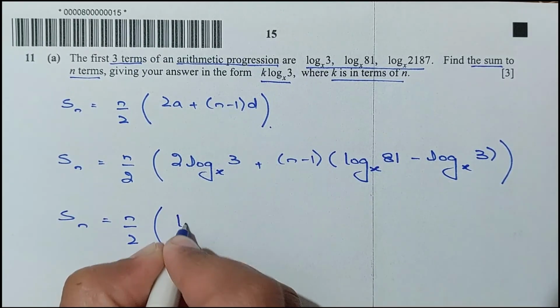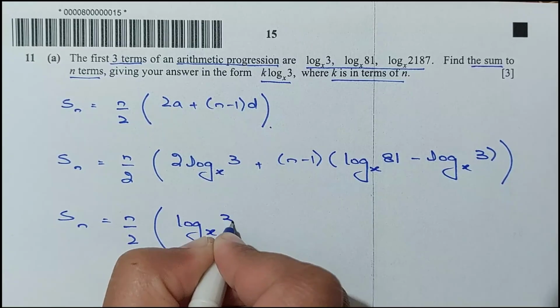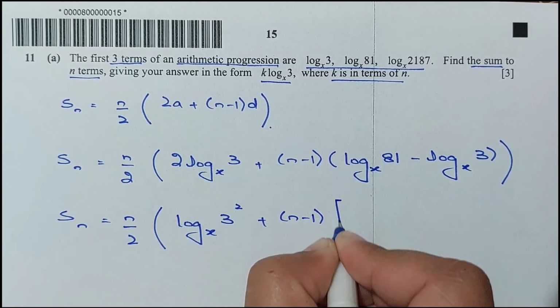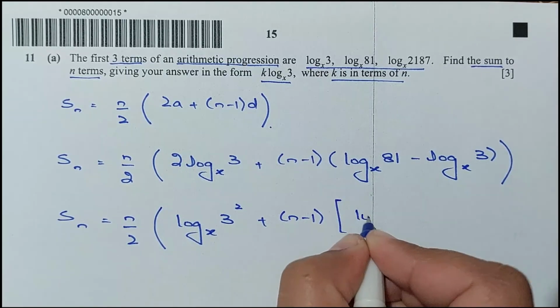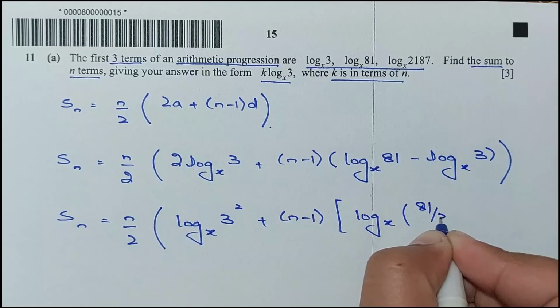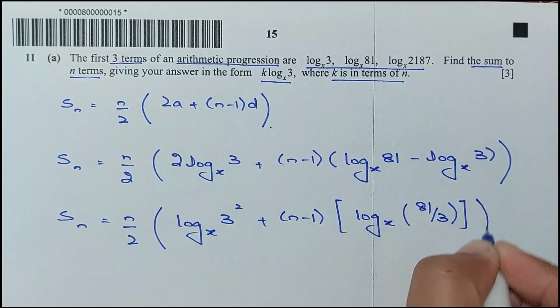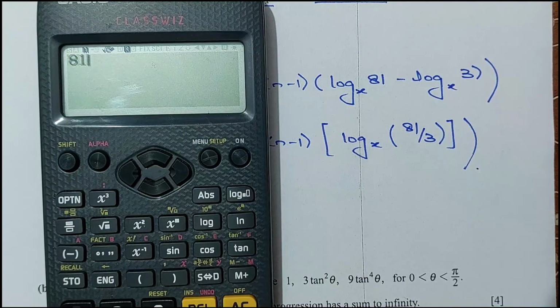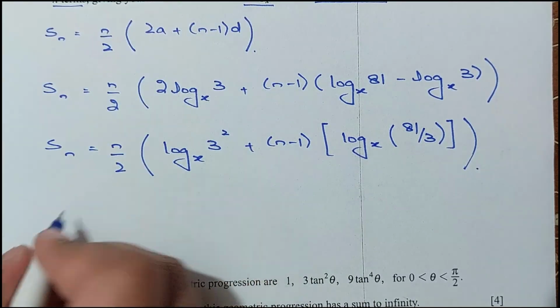Okay, so this is log base x of 3 to the power 2 plus (n minus 1). Let me solve for the d. So this is log base x of the difference, so 81 over 3. 81 by 3 is 27.